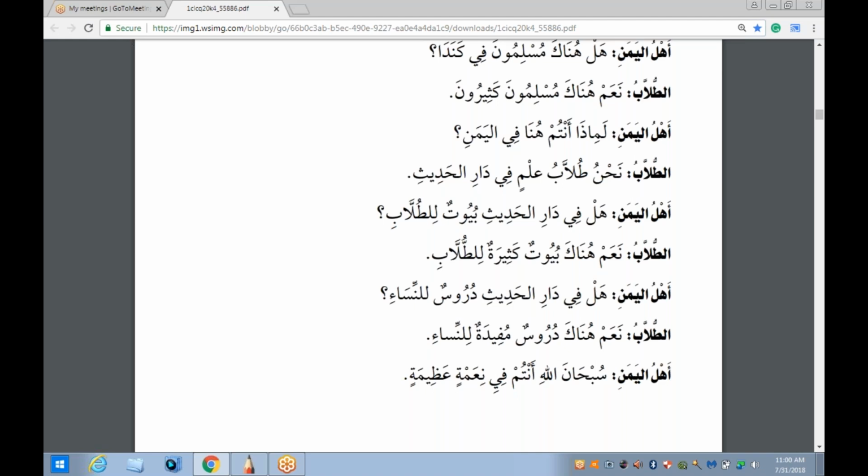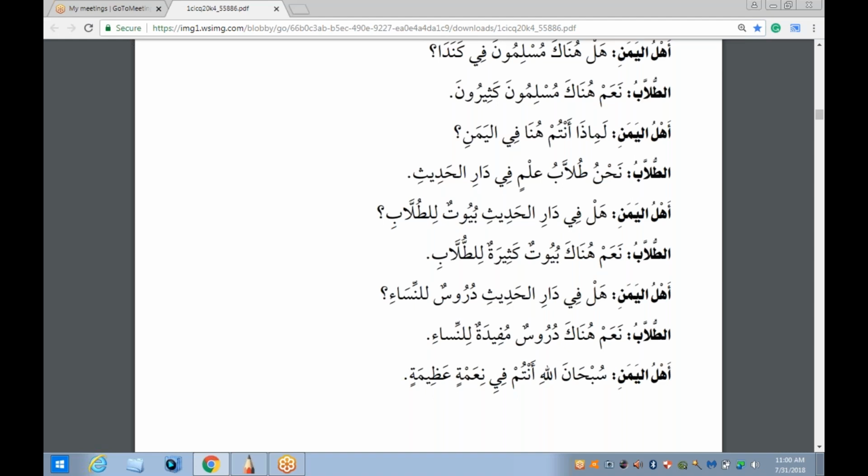Beneficial. What's the name of this book that we're studying here? Mubadi al-Mufida. The name of our book is Al-Mubadi al-Mufida. The beneficial starting points. The beneficial fundamentals. Durusun Mufida. Beneficial lessons for the women. There are beneficial classes for the women, not the sisters.